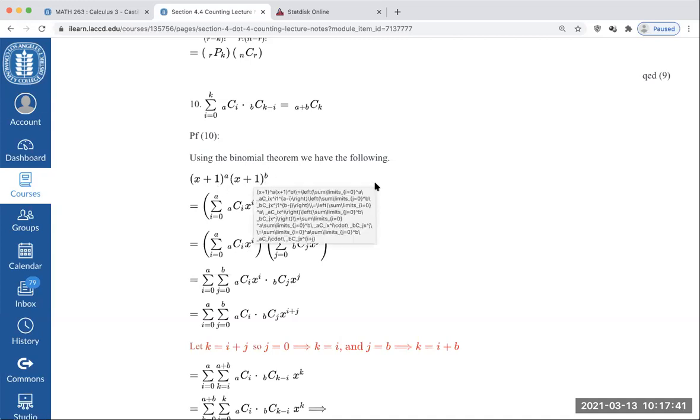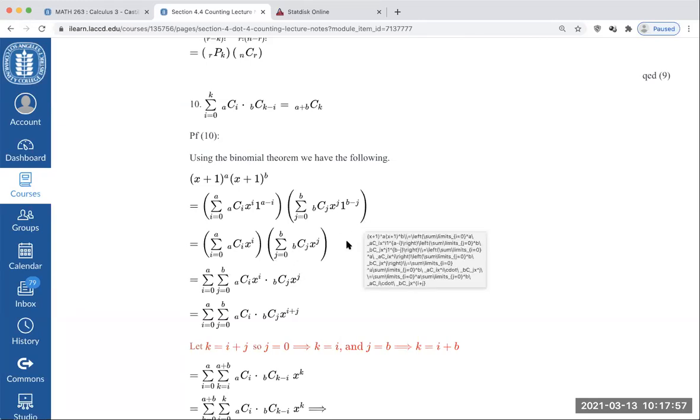Let's look at x plus 1 to the b. Again, by the binomial theorem, this is just the sum j equaling 0 to b of bCj x to the j times 1 to the b minus j. But 1 to any power is just 1, so this is just the sum j equaling 0 to b of bCj x to the j. Let's multiply these together.